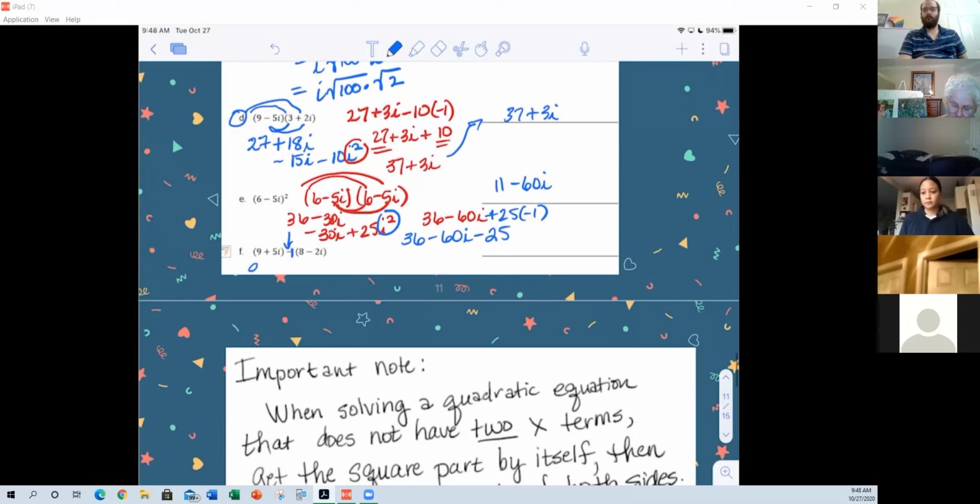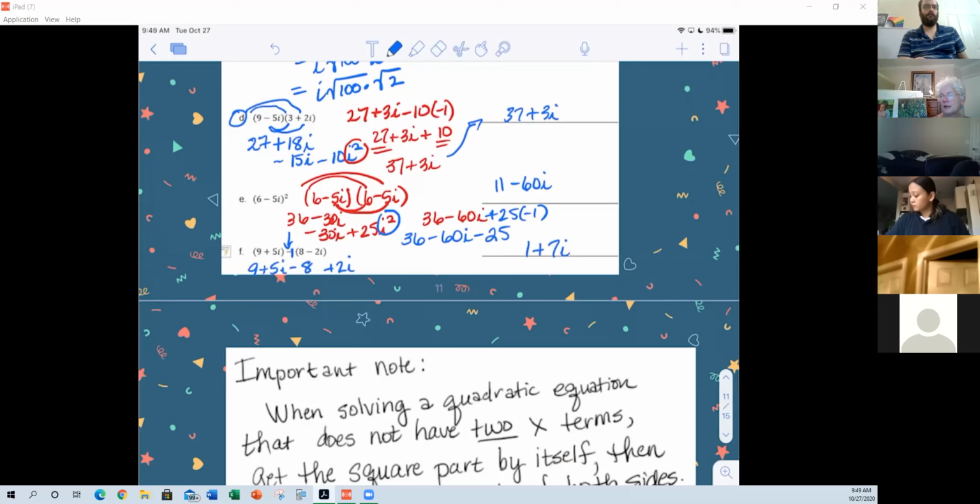So this would give us 9 plus 5i minus 8 plus 2i, because we would distribute that -1. Oops, that's not an i, just an 8, sorry. So that would give me 1 plus 7i.